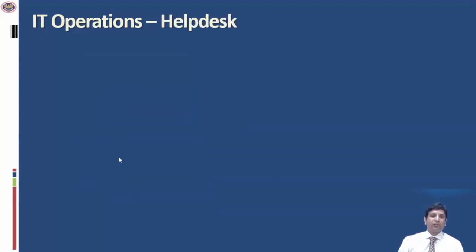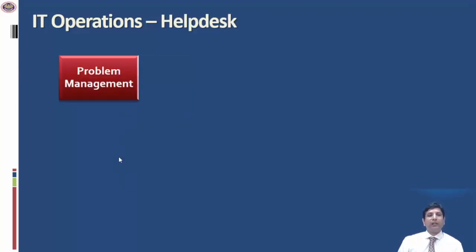Now let us look at help desk. The typical help desk operations involve problem management. What is problem management? Users who are using the IT systems, which include the ERP and applications, may have certain doubts, queries, or issues that they need to highlight.